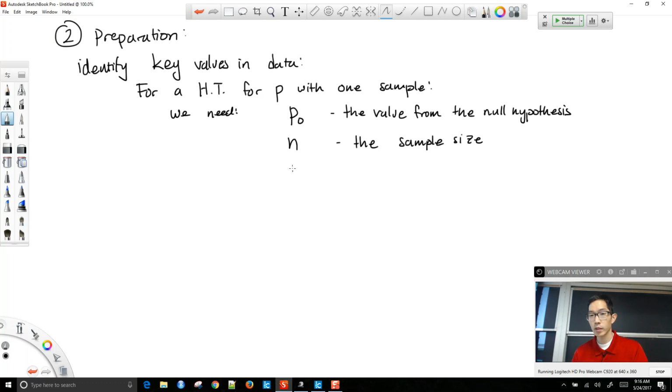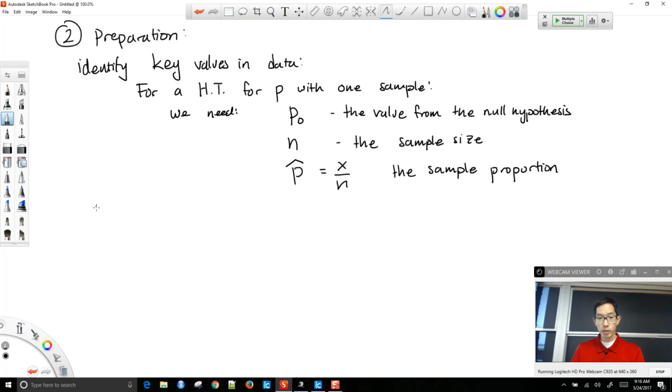And we need P hat, which is equal to X divided by N. That is the sample proportion. Okay, so those are the key values you need to identify.